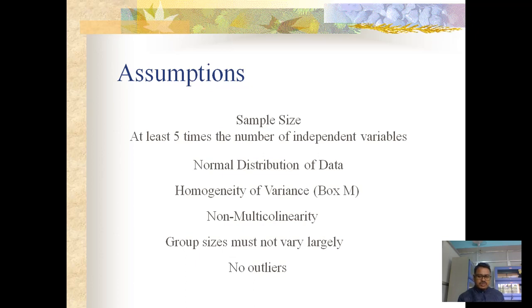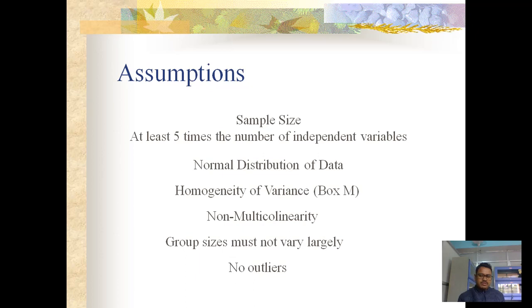Also, group size must not vary largely. As we know, we need to have two or more groups, so in the assumptions we have to ensure that the size of each group must not vary to a large extent. If in group A we have 100 observations, then in group B we must not have 1000 observations.